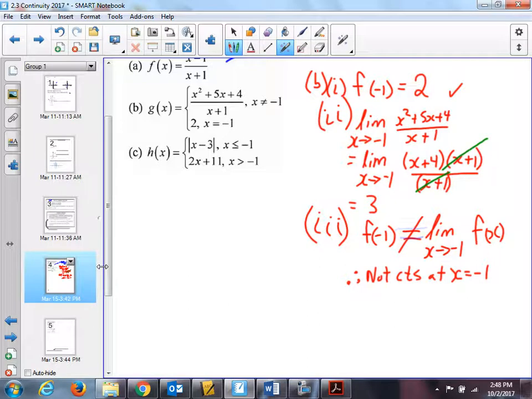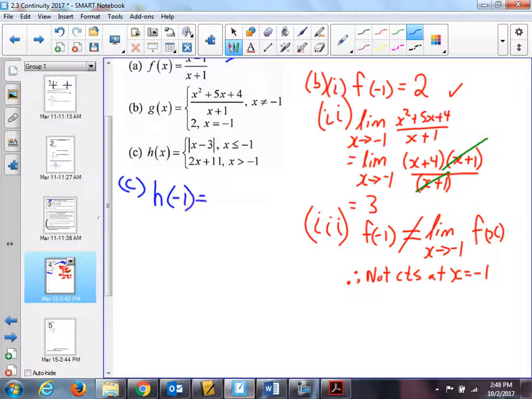Now, C. I'll switch colors because we might blend into this. Testing at -1. So, does h of -1 exist? Yep, the category I use is the x is less than or equal to -1 category, so I just put that in there. 1 minus -3 is -2, but it's absolute value, so we just got 2.